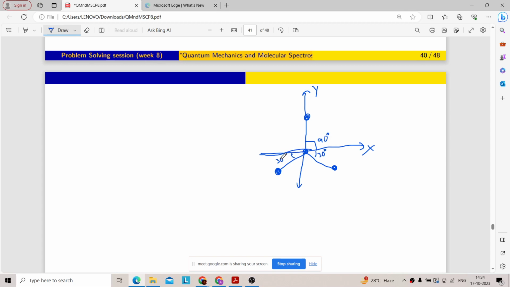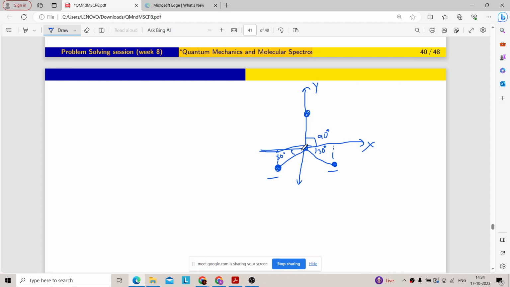Similarly this one also. So if I project all the masses, the contribution from this and this I will have along the x-axis. The projection of this mass will be 0.